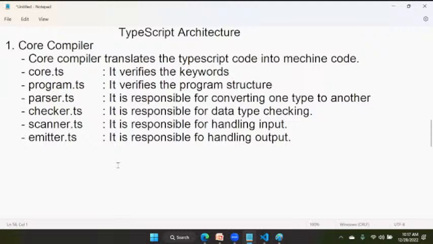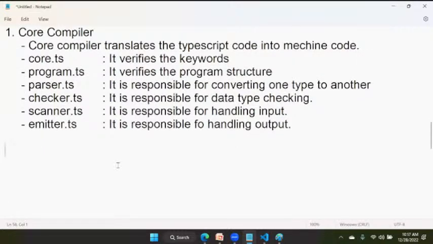Next important, after the core compiler, you have the standalone compiler. One more compiler is there. Why do you have two compilers here? There is another compiler called the standalone compiler.